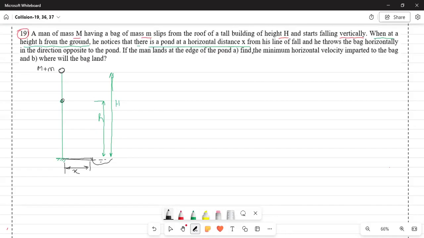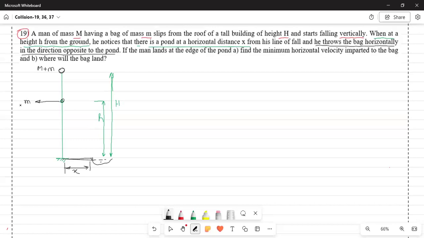And how can he do this? He throws the bag horizontally, that is small m, in the direction opposite the pond.